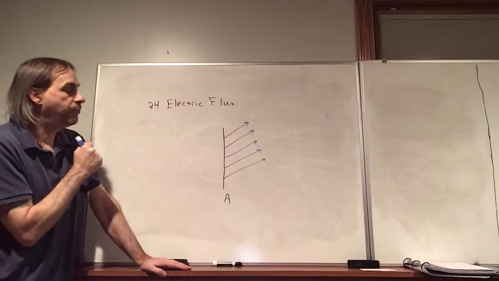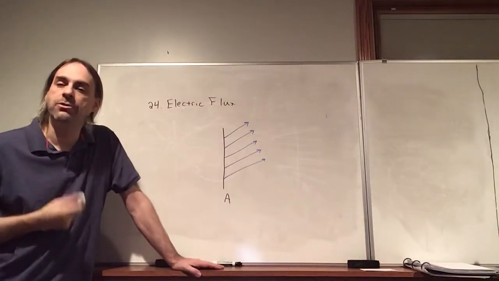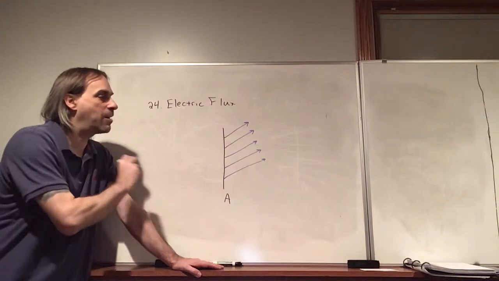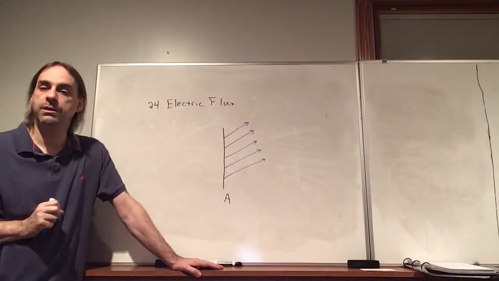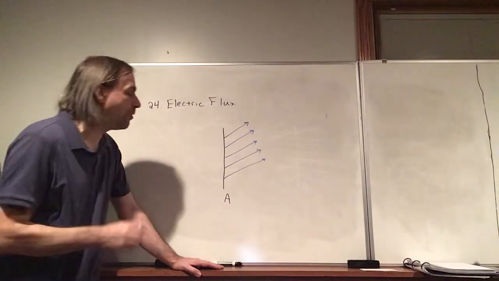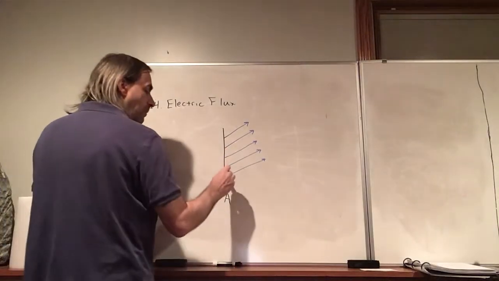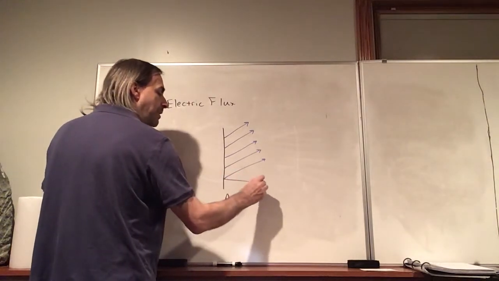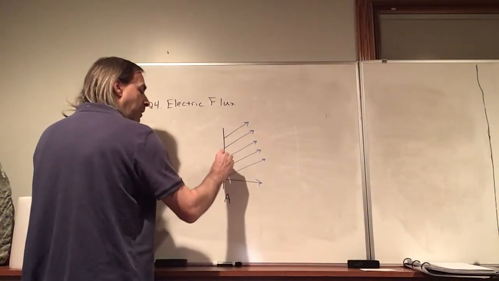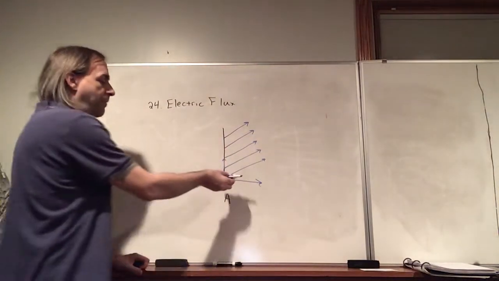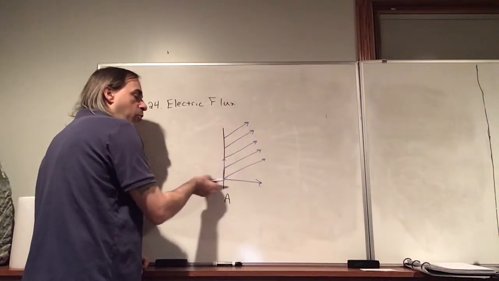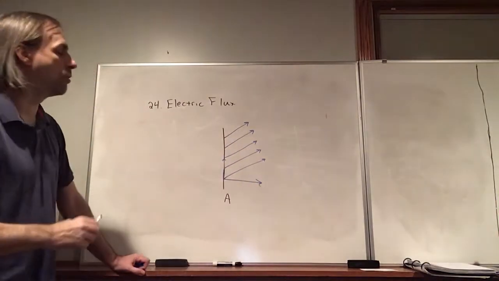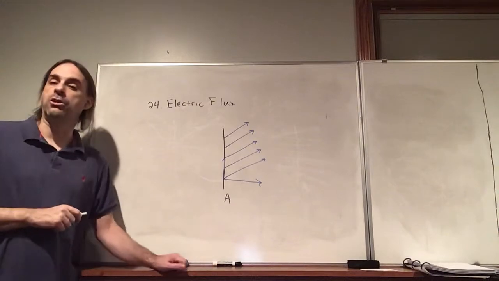Okay, so the key phrase I used earlier is we want to measure how many electric field lines are passing through this surface. So let's just look at one of these lines, and we can break it up into components. We have a component that is perpendicular to the surface, and a component that is parallel, or along the surface.